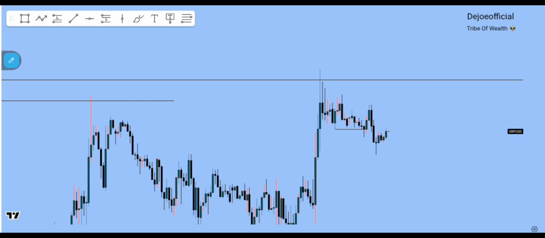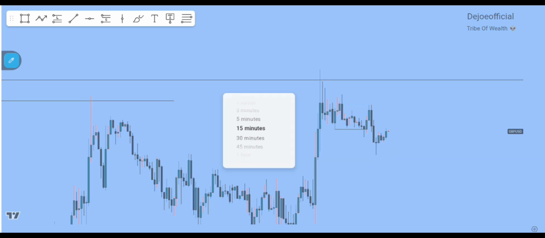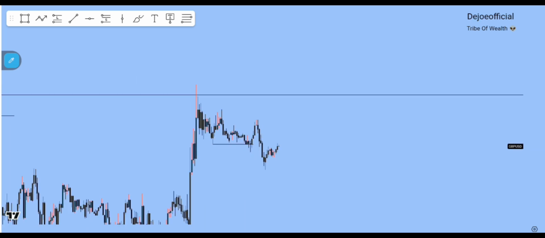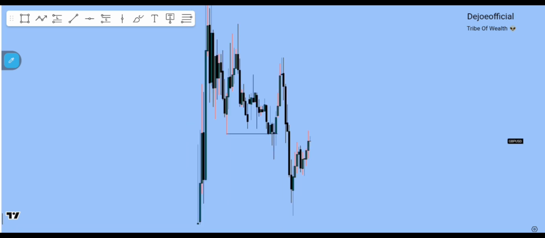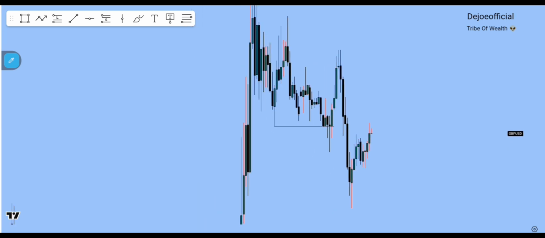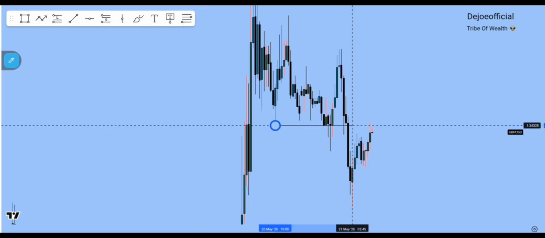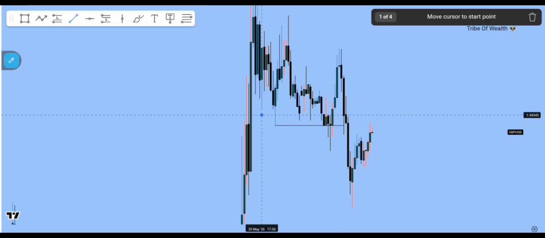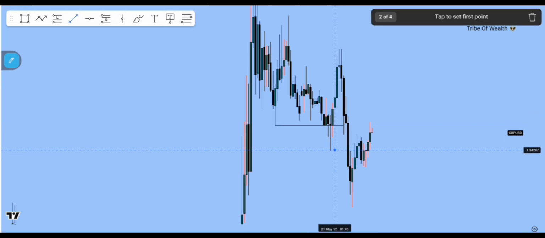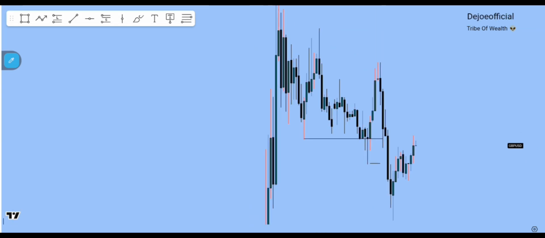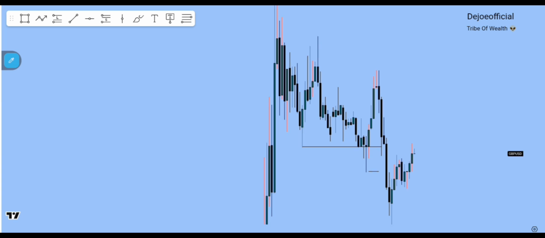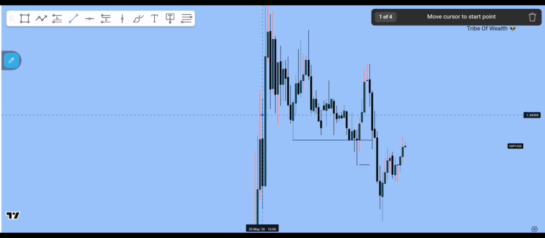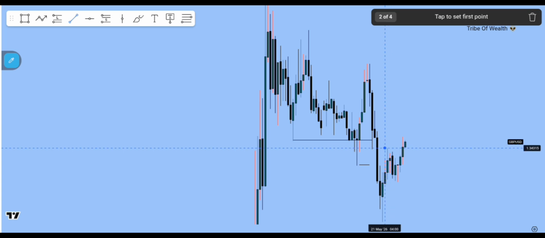So going down to 15 minutes time frame. On 15 minutes time frame, it's also a decent thing with 45 minutes. This is my break, my market structure shift. Also here. And also, as you can see, after this market structure shift, price created this liquidity here, but I should not confirm this.